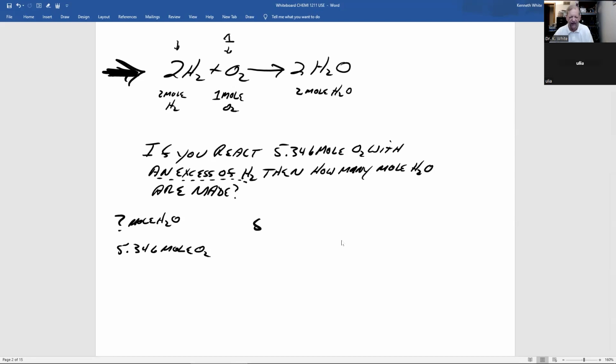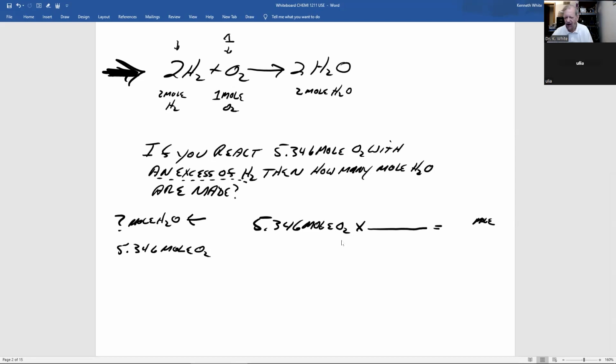Well, the only number I have is this number, moles of oxygen, 5.346. If I had a ratio that I convert moles of oxygen, what units do I want my answer to be in? Well, we figured that out.